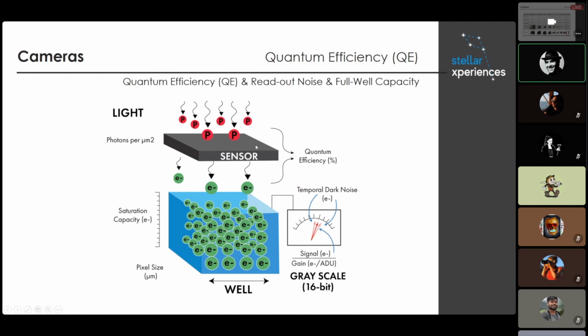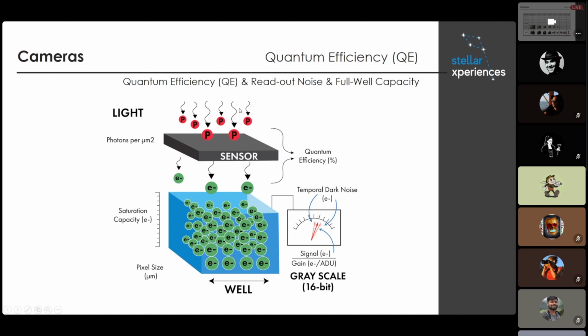So let's have a look at the sensor. Here, this blue box is a pixel. That's where we keep the electrons. And as you can see, there is a sensor. Photons are coming, and electrons are created by photons.